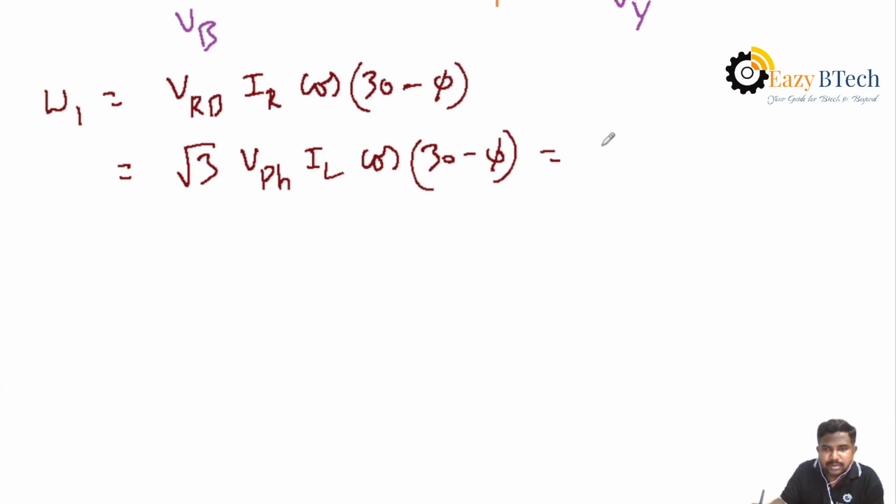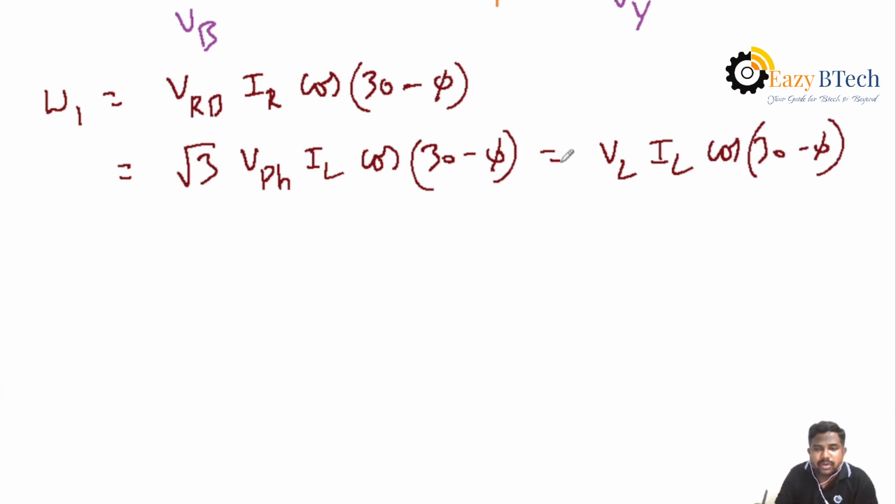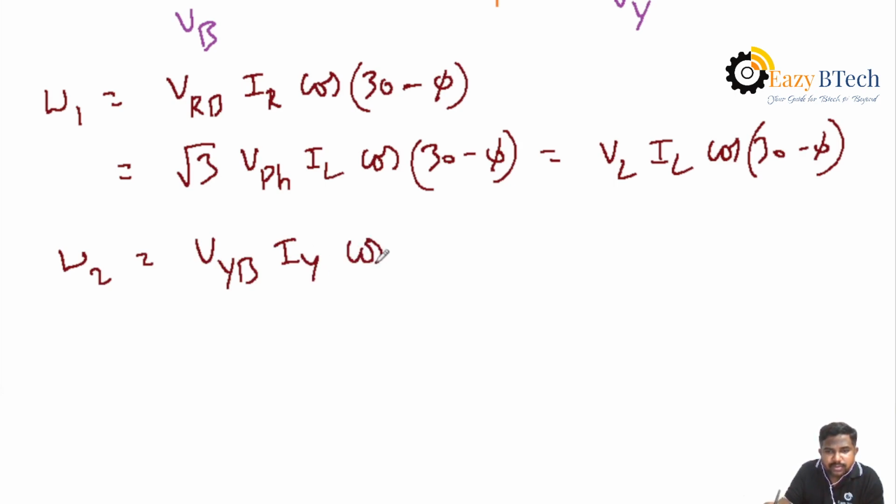That means VL IL cos 30 minus 5. We know VL equals root 3 into VPH. Similarly, the reading of W2 is also VYB IY into the angle here, cos 30 plus 5.